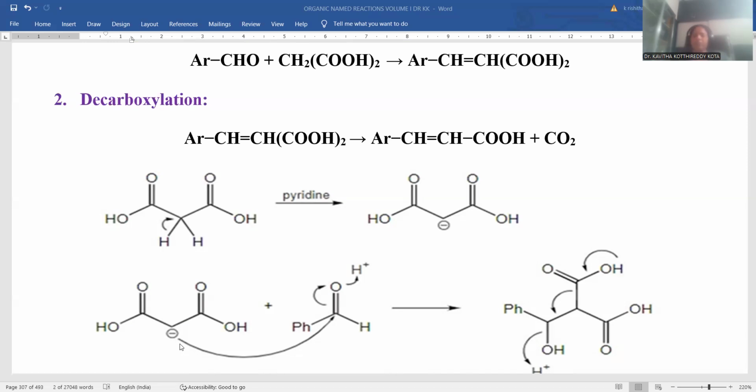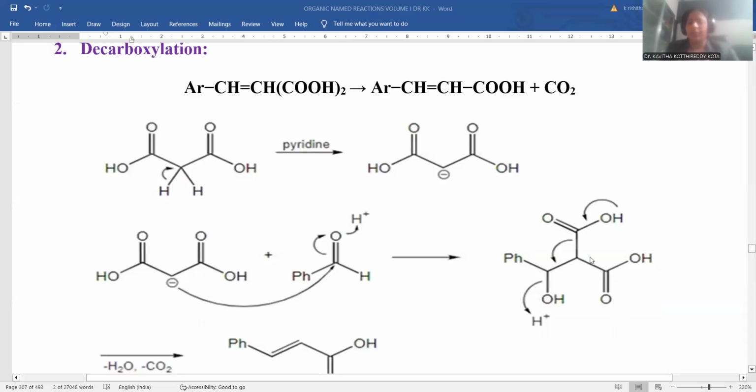Whichever carbanion is generated now goes for nucleophilic addition at the aldehydic functionality carbon atom. So the pi bonded electrons migrate toward the oxygen. Whenever the pi bond migrates toward the oxygen atom, a new carbon to carbon bond formation is possible. That newly formed carbon to carbon bond is located in between these two, and here the carbon experiences hydroxyl functionality, and the phenyl group is present on this benzene ring.